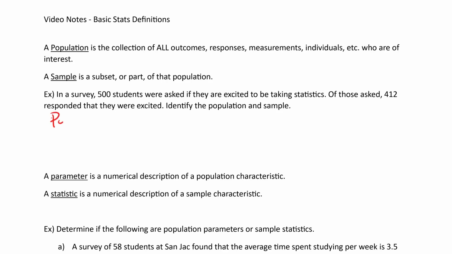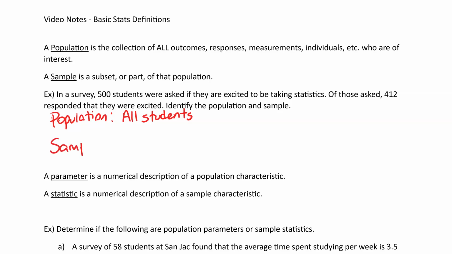So for the population, remember that's everyone. So it's not just those 500 students, it would actually be all students. There's way more than 500 students total, so population would be everyone.